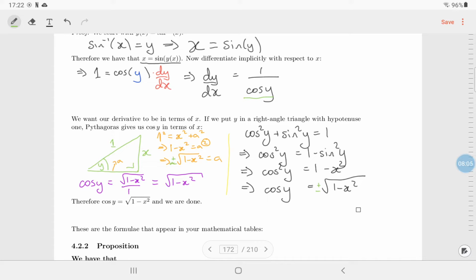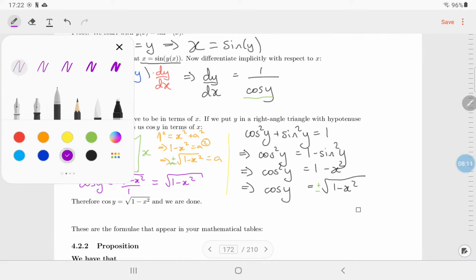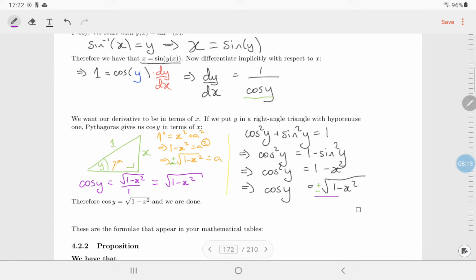I think there is a property that says inverse sine of minus x is equal to minus inverse sine of x.